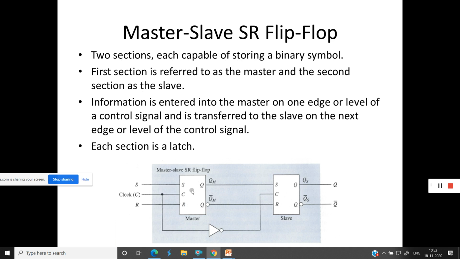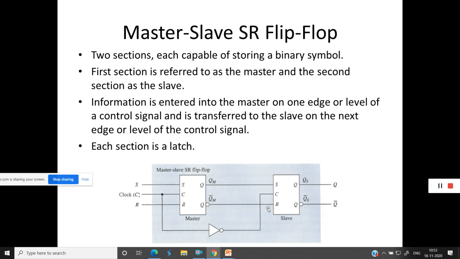It can store 1 or it can also store 0. The first section is referred to as master, and the second section is referred to as slave.